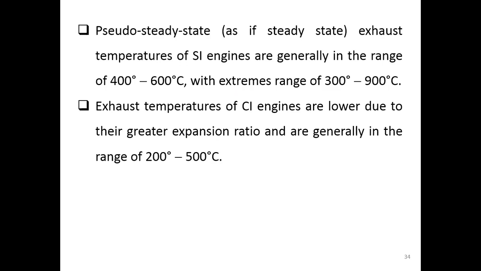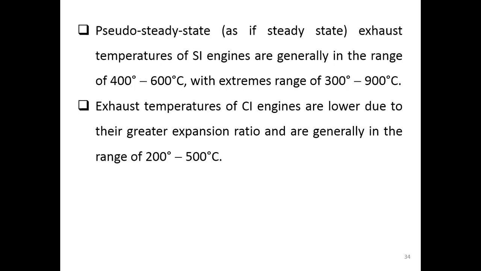We try to operate our engine so that the exhaust flow becomes closer and closer to the steady state. For the CI engine, the temperature is still 200 to 500. It's lower than the SI engines, but look at the number, you can still make use of the energy that's stored in the exhaust temperature of 500 degrees Celsius.